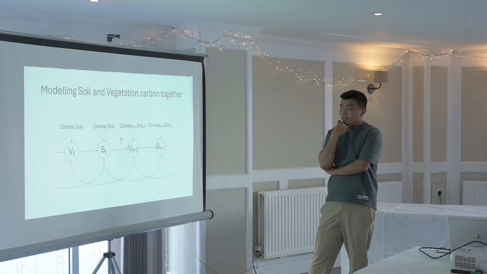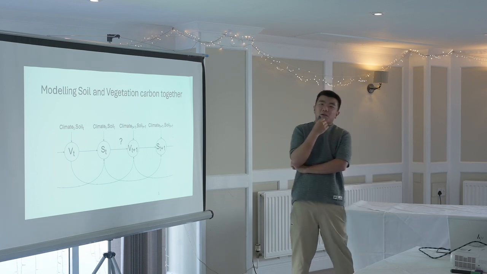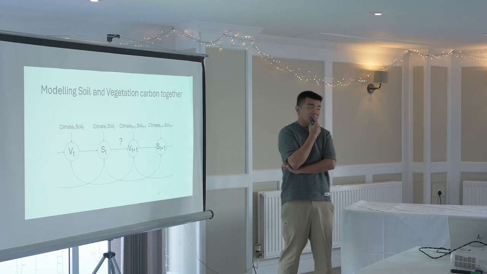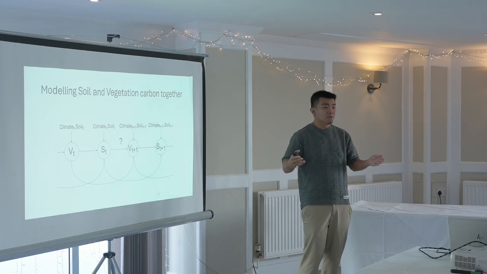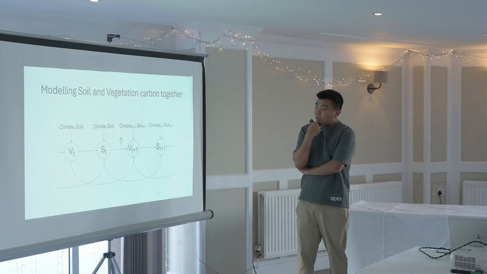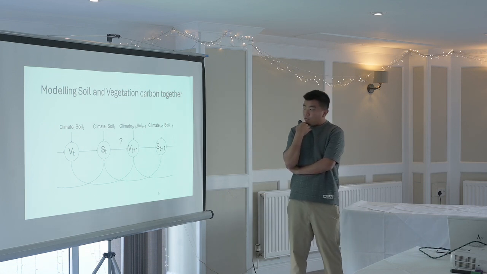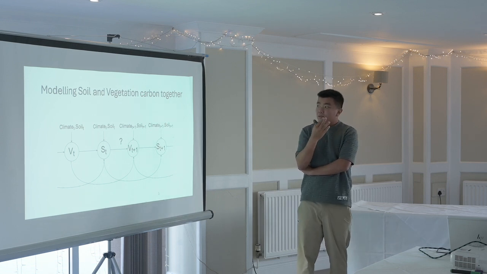That will help us model soil and veg carbon storage, because we can think they have some interactions, like the classical example told by Danny: leaves fall down from the trees and then go to the soil. So there are carbon interactions in between. We do have month-to-month differences in the input data for veg carbon, so we're thinking, can these maybe be introduced to the soil carbon as well?